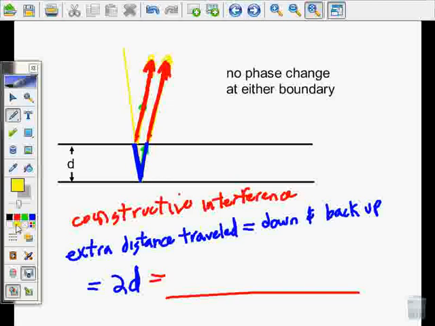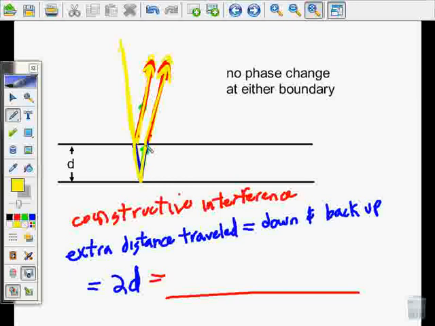Because look, here comes the light. And then some, right then and there, reflects up. But some has to travel extra distance down and back up before it reunites. So the extra distance now is down and back up, 2D.